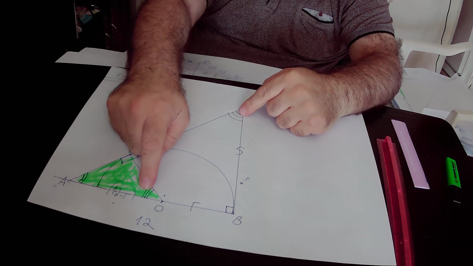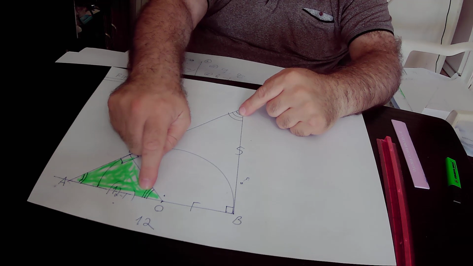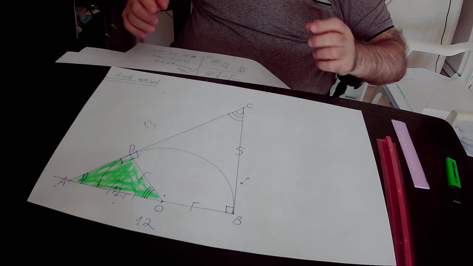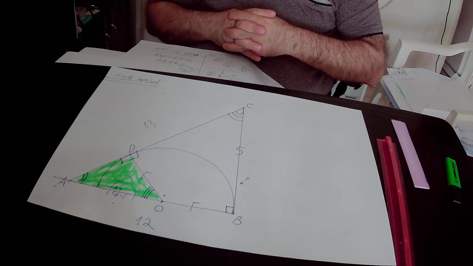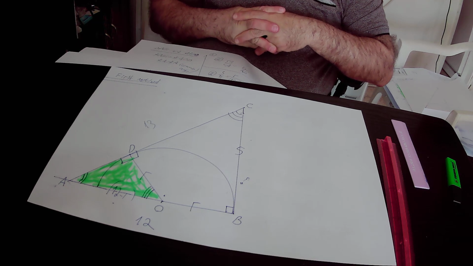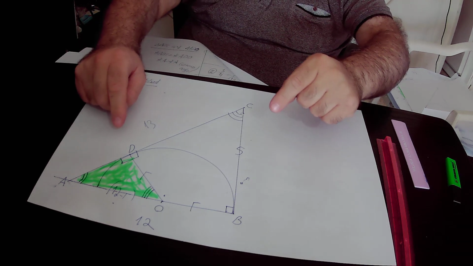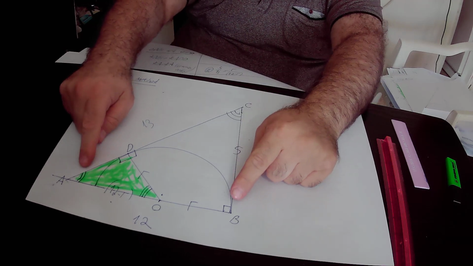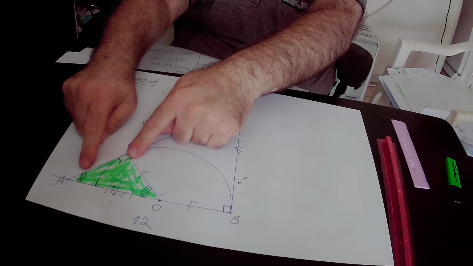And those two angles are also equal to each other according to the third angle theorem. The third angle theorem states that if two angles in one triangle are congruent to two angles in another triangle, then the third pair of angles must also be congruent. And we have those two angles in triangle ABC congruent to those two angles in the green triangle, triangle ADO.